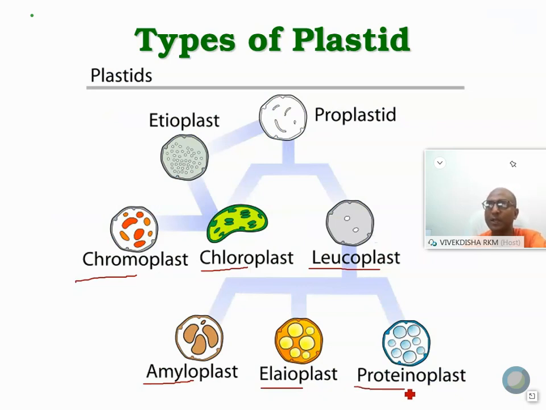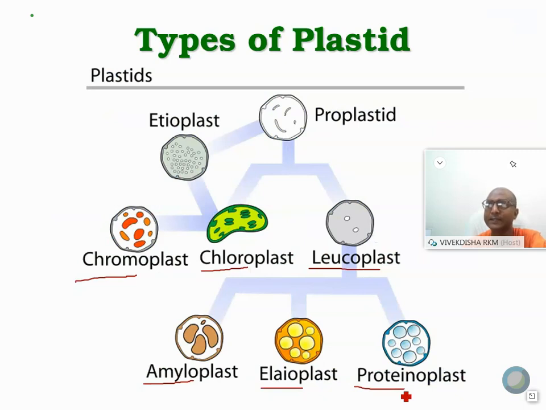So amyloplast, elaioplast, and proteinoplast, three different types of storage plastid, commonly known as leucoplast. They do not have any color pigment which can reflect light and give us any sensation of light. So chromoplast, chloroplast, leucoplast, and leucoplast can also be divided into three heads: amyloplast, elaioplast, and proteinoplast.